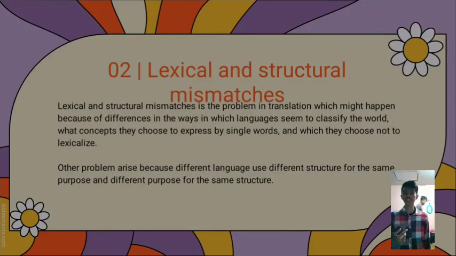2. Lexical and structural mismatches. Lexical and structural mismatches are a problem in translation, which might happen because of differences in the ways in which languages classify words, what concepts they choose to express by a single word, and which they choose not to lexicalize.